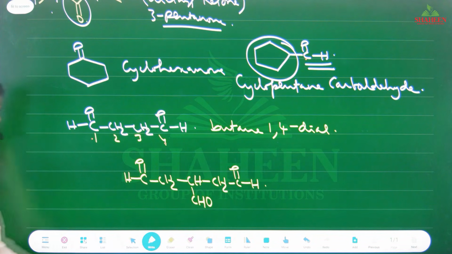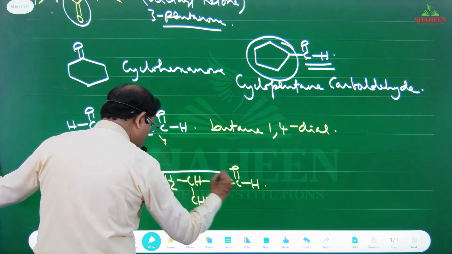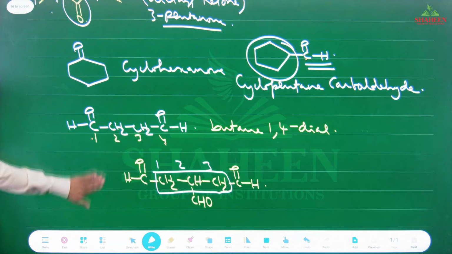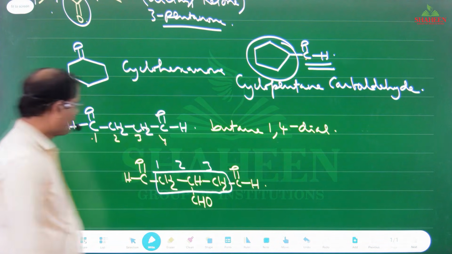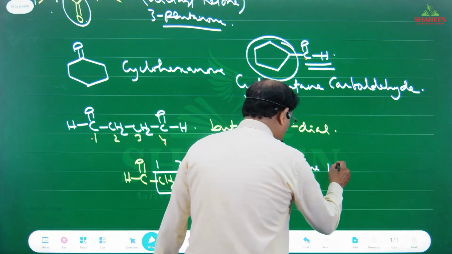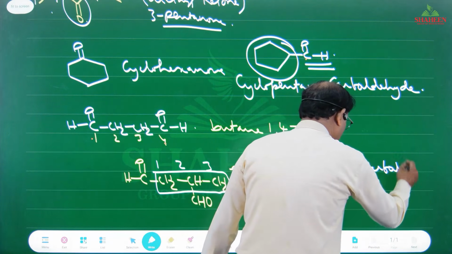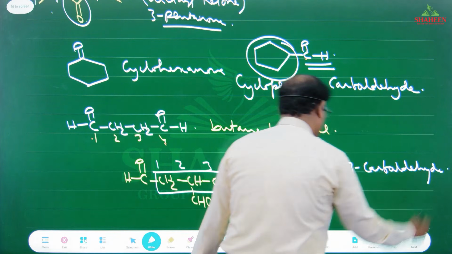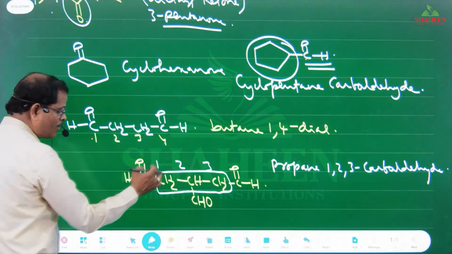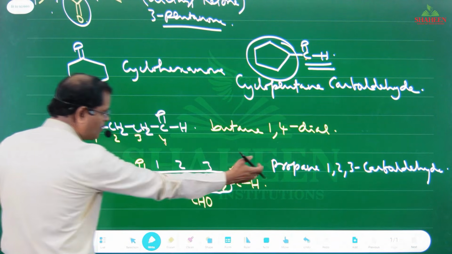And here C double bond OH, CH2, CH, CHO, and CH2, C double bond OH. When more than two aldehyde functional groups are present, we need to give the numbering in this way. We have propane-1,2,3-tricarbaldehyde. The carbaldehyde carbons are not included in the parent chain; the parent chain has only 3 carbon atoms, taken as propane.